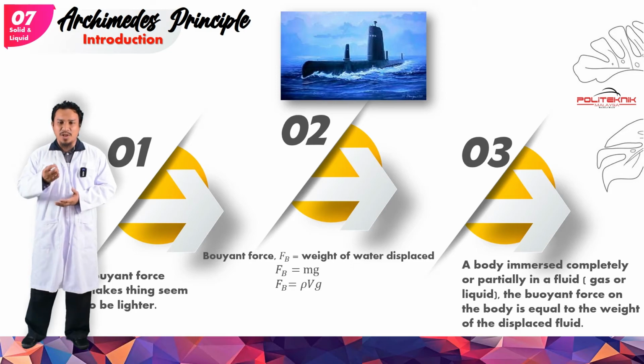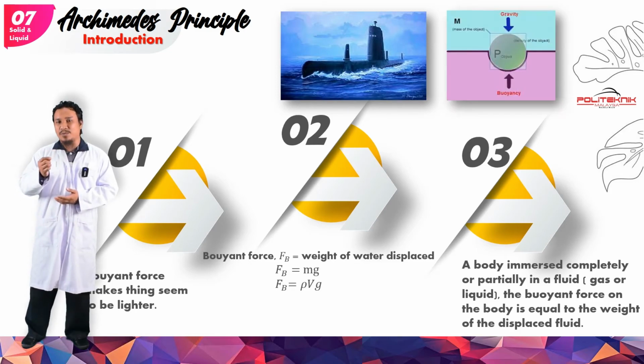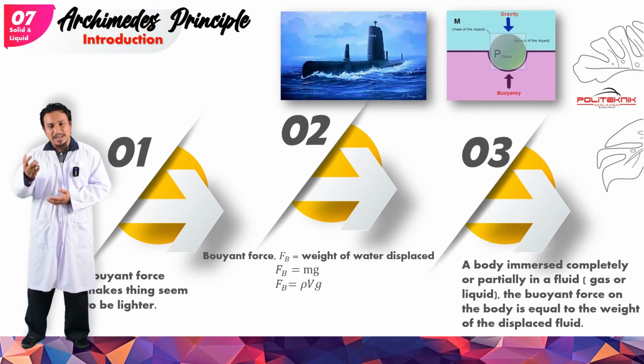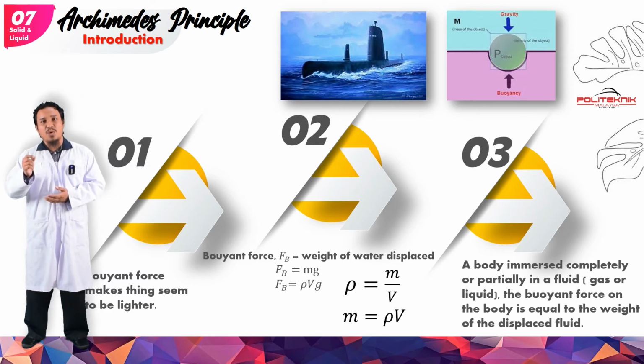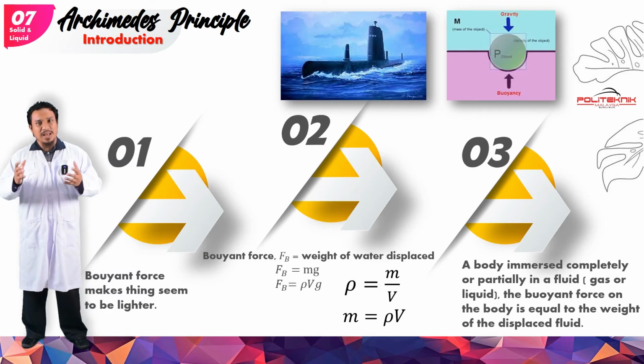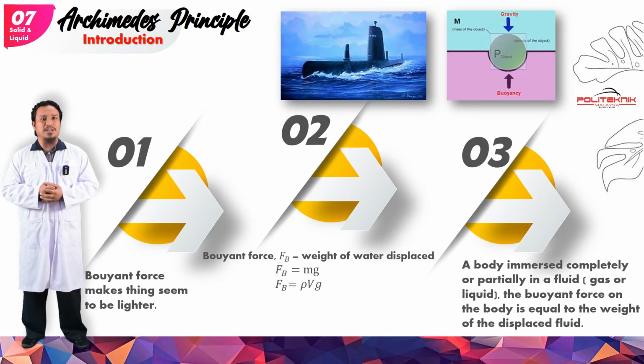The formula for buoyant force, FB, not Facebook, FB is the weight of water displaced, where FB equals mg and FB also equals rho Vg. So these are the formulas that you have to take into consideration when doing calculation for Archimedes' principle.